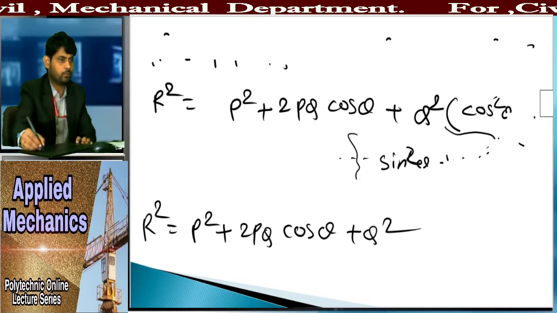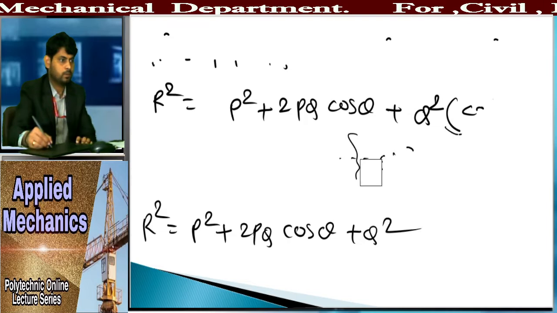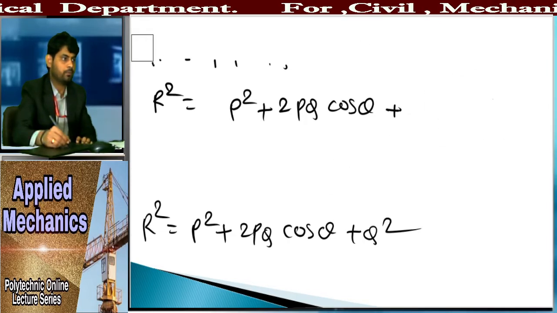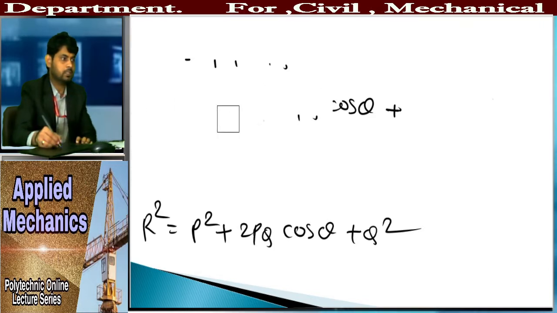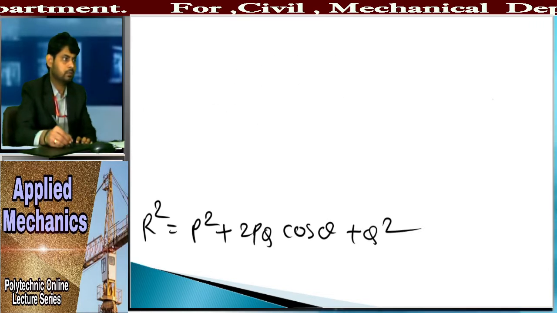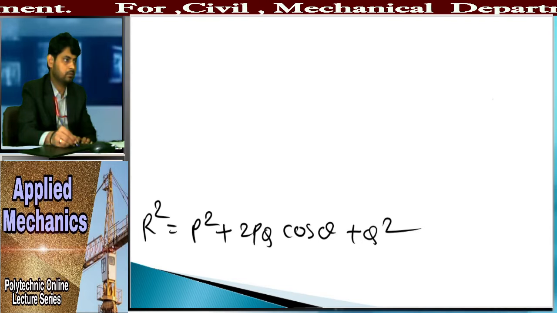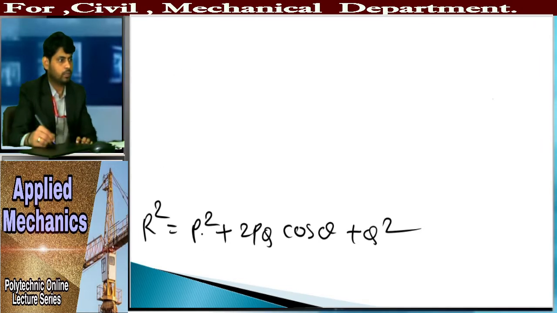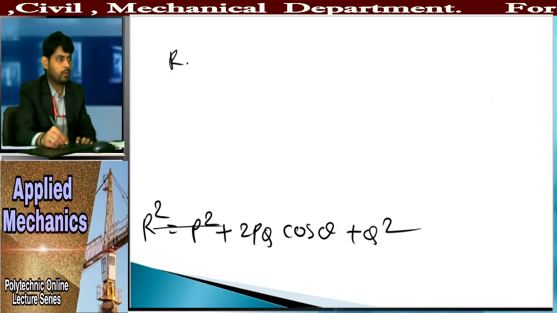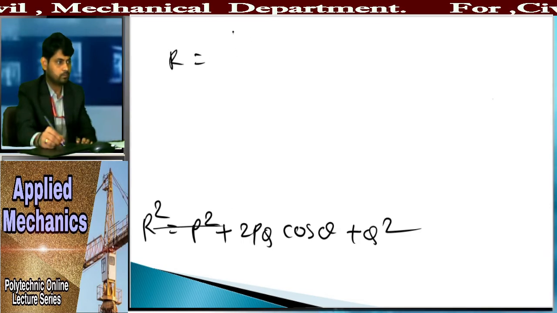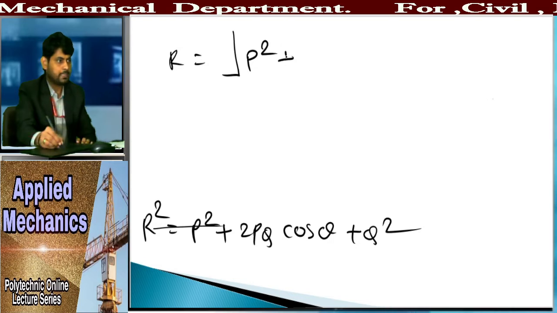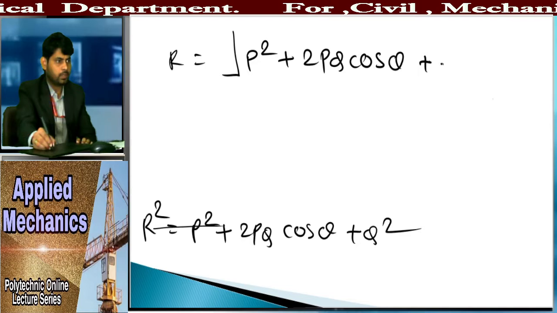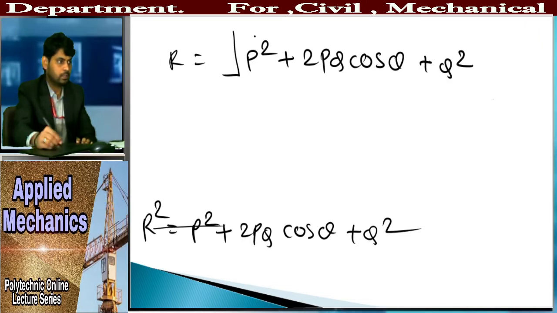Just take the square root of this value. The square root of this value is r, which is equal to the square root of p square plus 2pq cos theta plus q square.